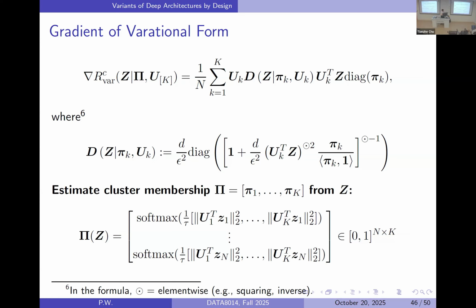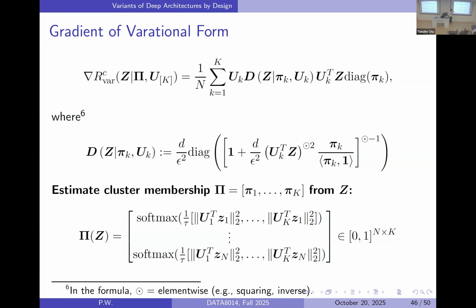A very straightforward approach to construct the neural network is to take a gradient step on this and then construct the network. But a key component is that, since the cluster membership is unknown, a key step is to estimate the cluster membership pi from the representations at each step.